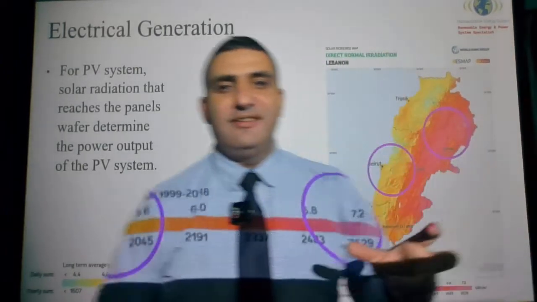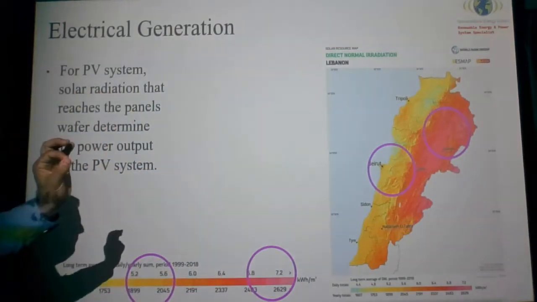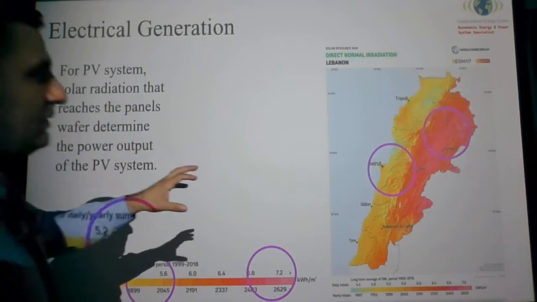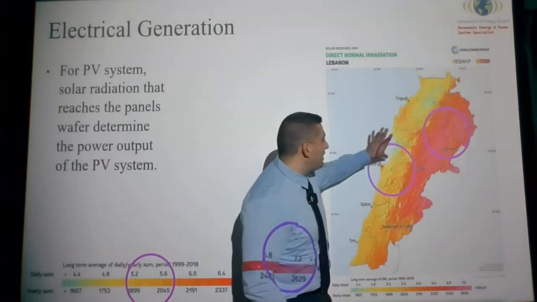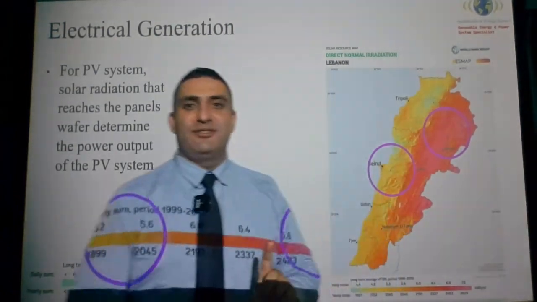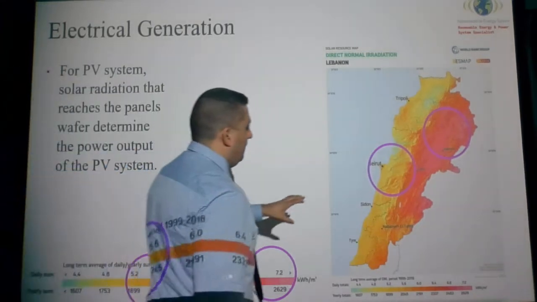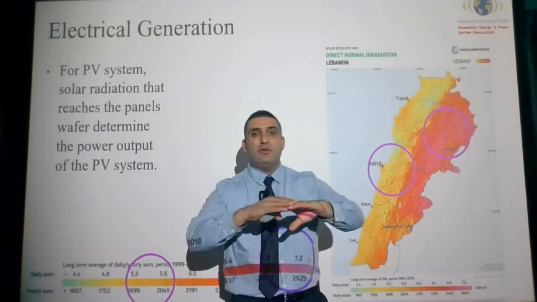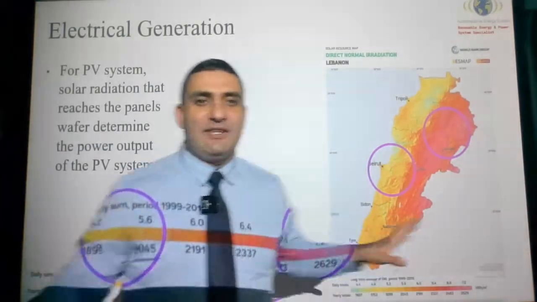It's very critical and very important to notice the following. If I am installing a solar system on the coast and I install the same solar system up in the mountains, they will give me two different outputs under these conditions. Again, guys, on some days the sun will be very clear, the sky will be very clear, no disturbance, no cloud, nothing.